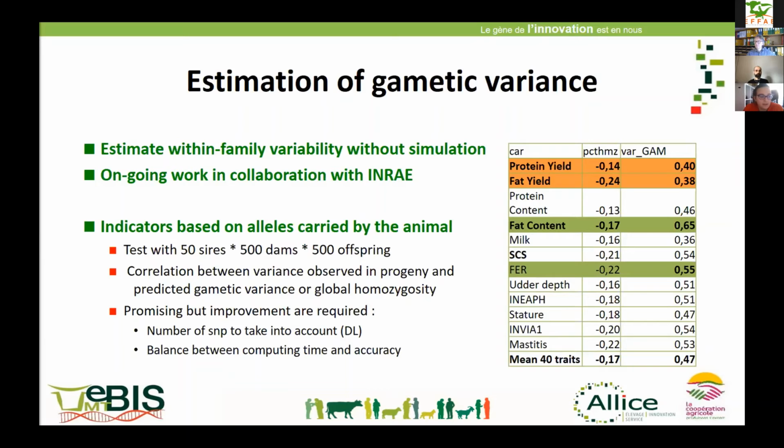So we need to improve the indicator, and that will maybe be done when finding the good balance between computing time and accuracy, because you need to be careful and check how many SNP you want to take into account in our indicators.